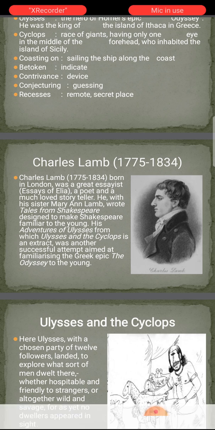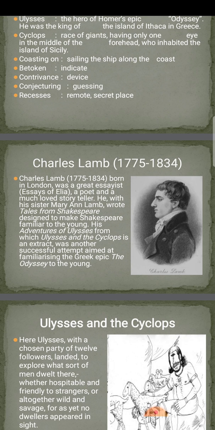Charles Lamb, born in London, was a great essayist, a poet and a much loved storyteller. He, with his sister Mary Ann Lamb, wrote Tales from Shakespeare, designed to make Shakespeare familiar to the young.